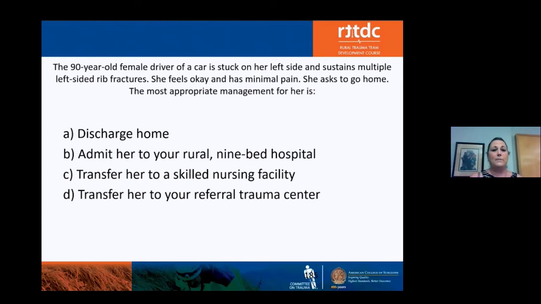Do they have the ability to treat that patient further if she starts to decompensate because of her rib fractures and ends up in respiratory failure? The most appropriate answer would be to transfer her to a referral trauma center. I can see why we would answer some of these questions differently, but the most appropriate answer would be to transfer to a referral trauma center.